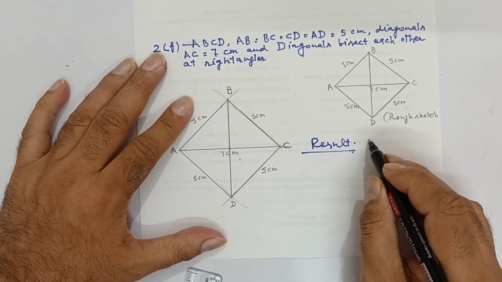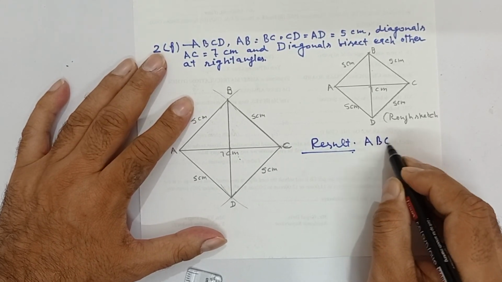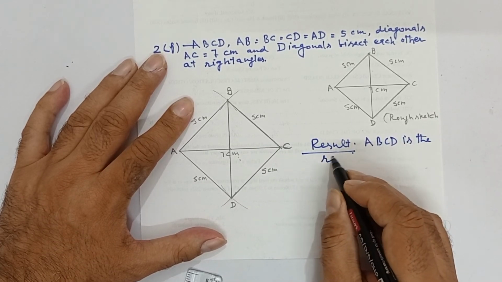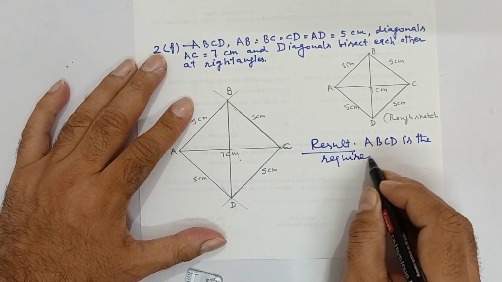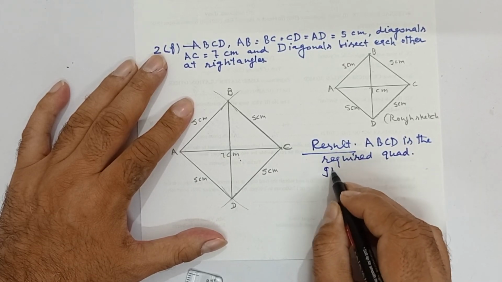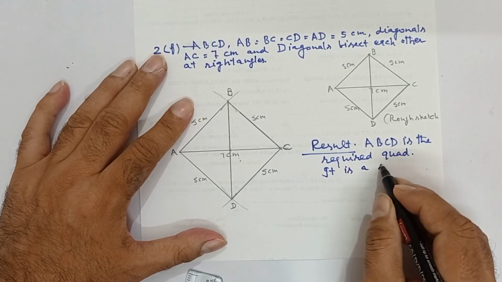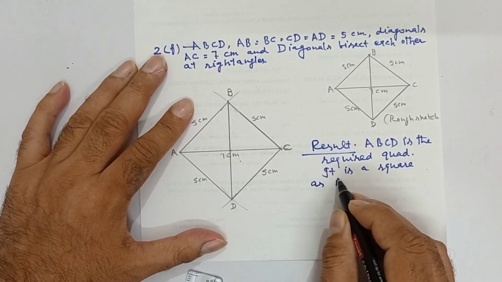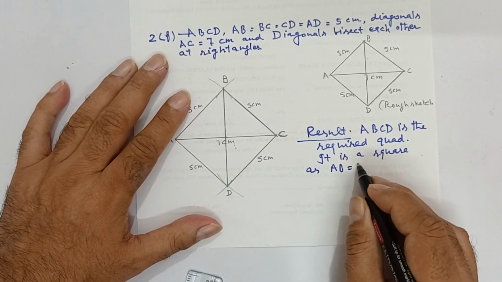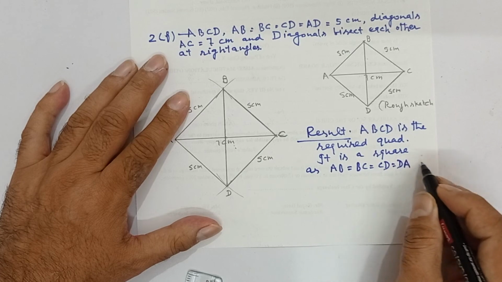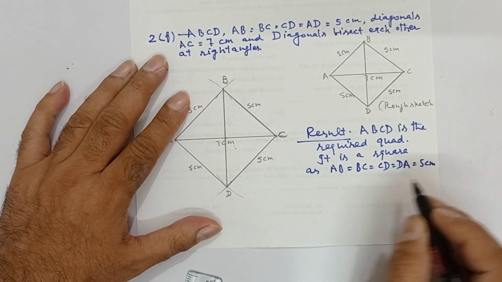In the result we will write ABCD is the required quadrilateral. It is a square, as AB is equal to BC is equal to CD is equal to DA, and all the sides are 5 centimeter.